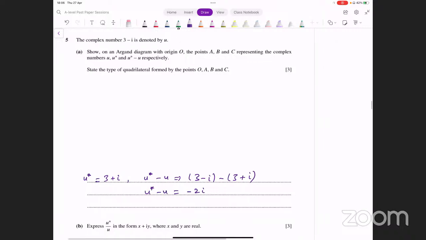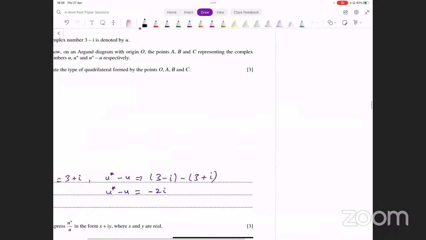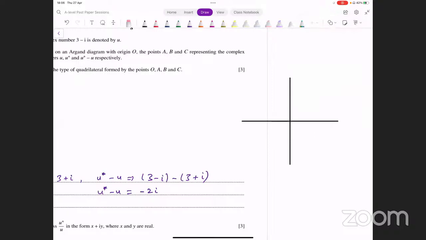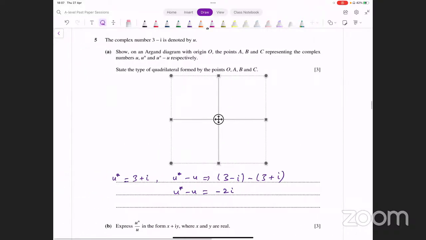So now you have to plot these points on an Argand diagram. Let's do that. We have two axes, real axis and the imaginary axis. Let's draw them here. This is the real axis, this is the imaginary axis.